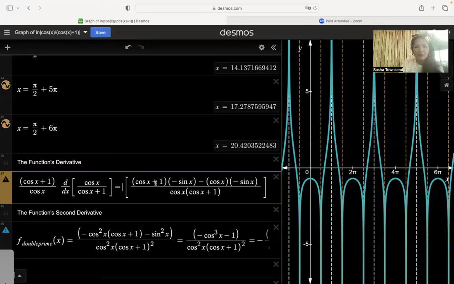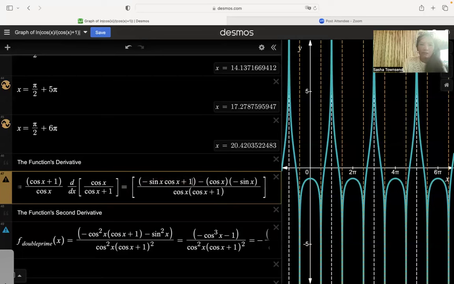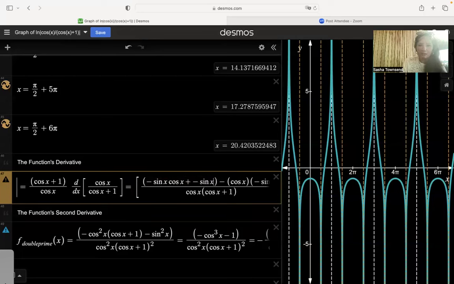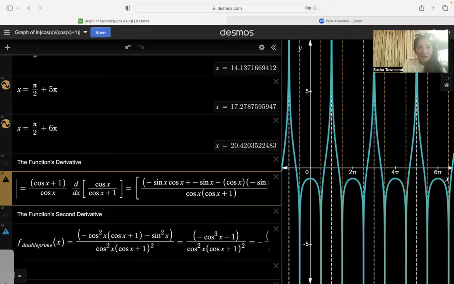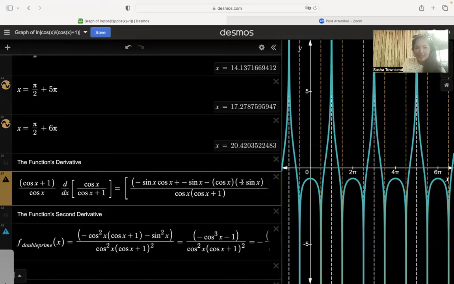Now we want to simplify further. So if we distribute that negative sine of x here, we're going to have negative sine of x times cosine of x. And then if we distribute the negative sine of x to the 1, we're going to have a negative sine of x there. And then we'll have a negative cosine times a negative sine is going to be a positive sine of x times cosine of x.